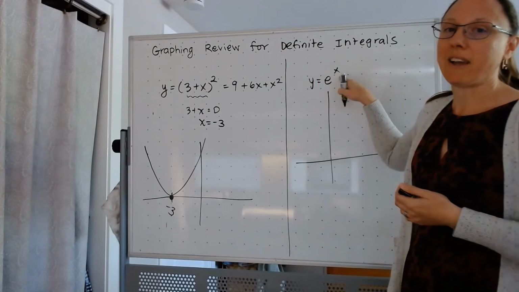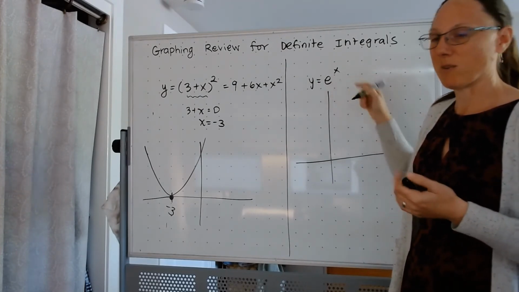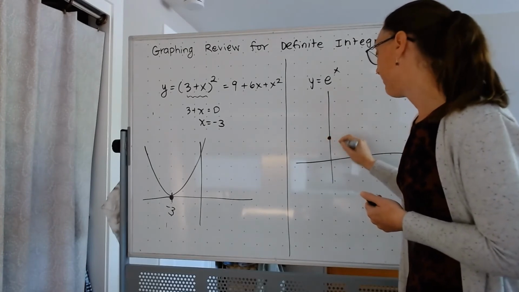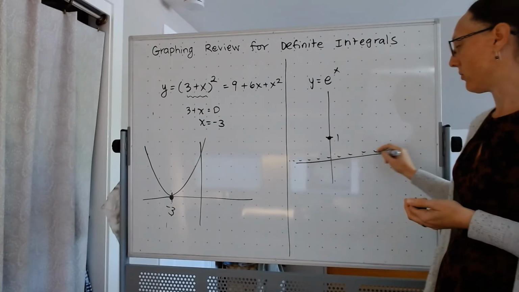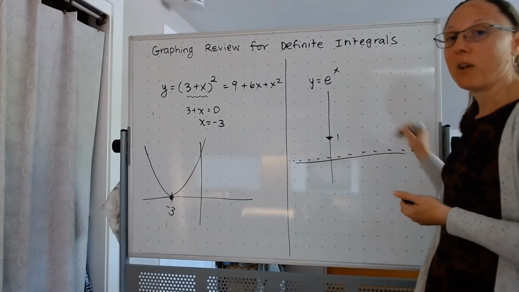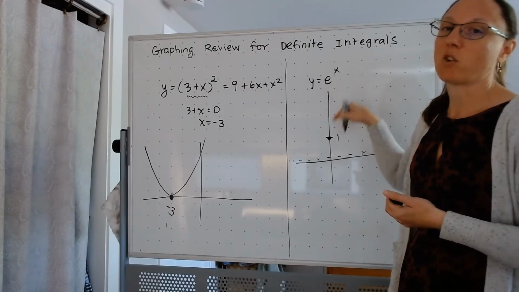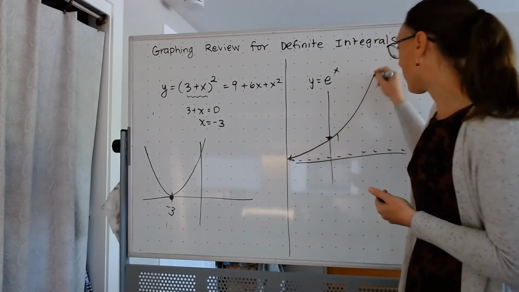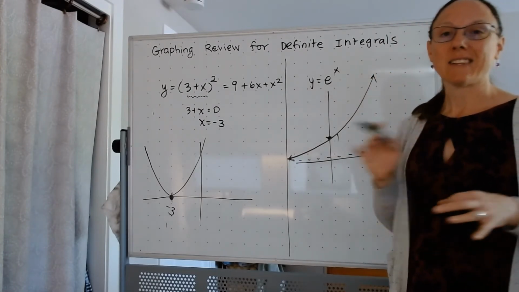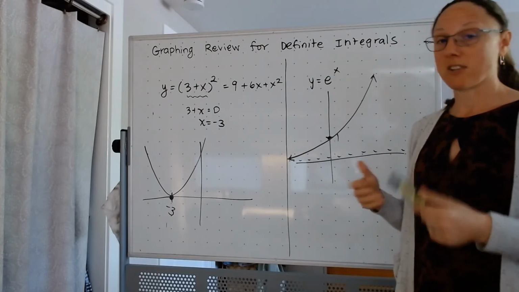This guy has a y-intercept of 1 because e to the 0 is equal to 1, and has a horizontal asymptote at 0 because as x approaches negative infinity, this function gets closer and closer to 0. So this has a general shape like that, and that's about all we need to know in the context of 17b.